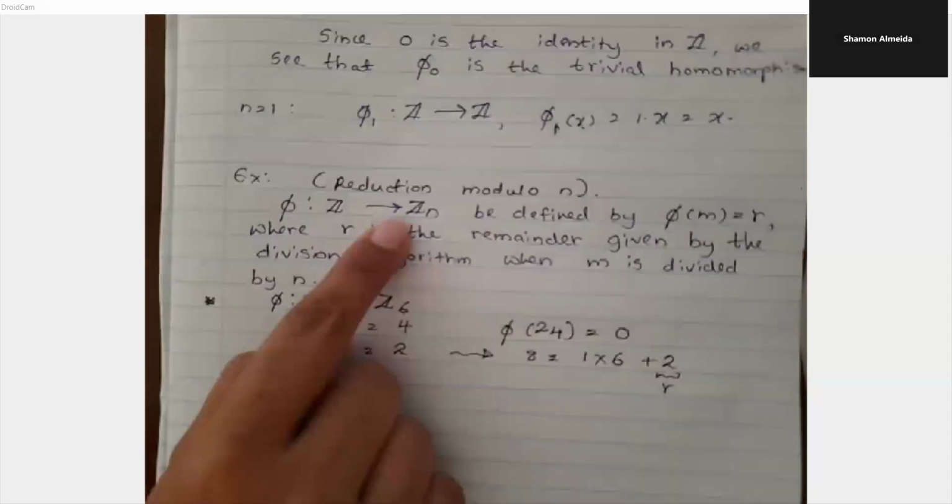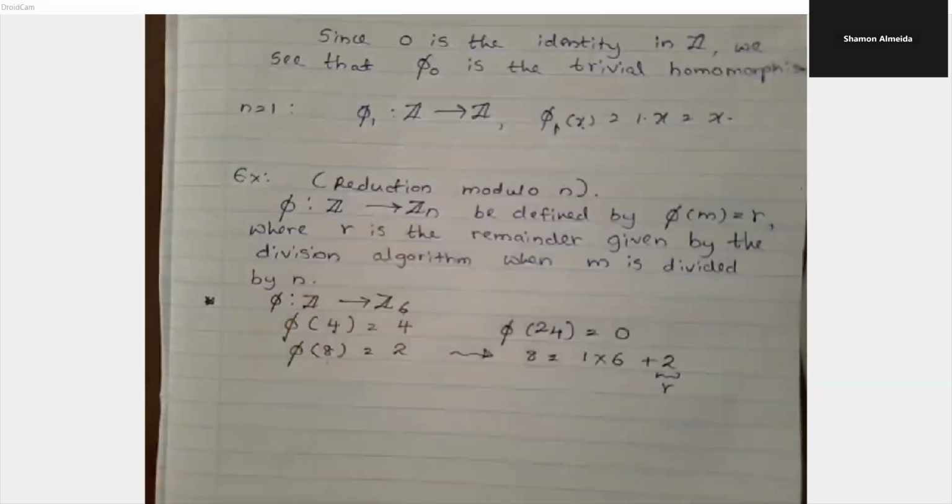Now, for the general case, to see that this is indeed a homomorphism, we have to show that the homomorphism condition is satisfied, right?